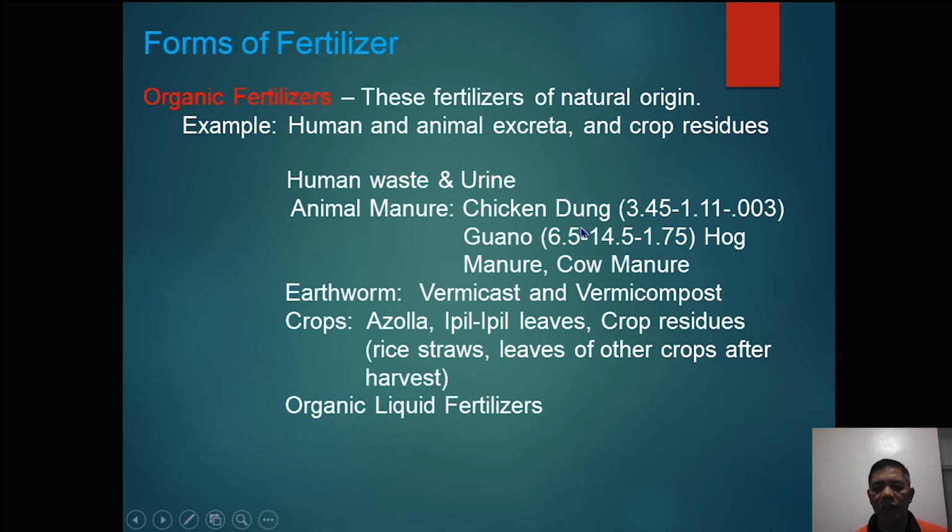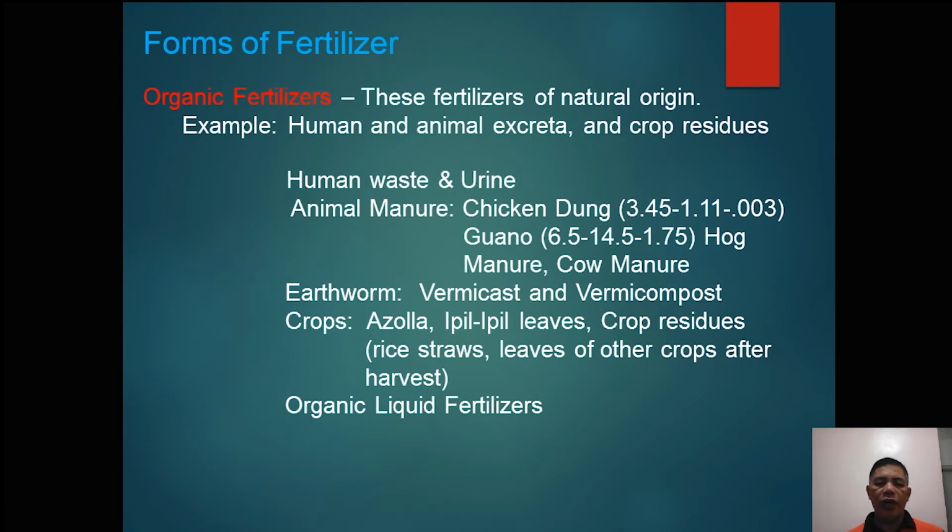An example is chicken dung. And insofar as the nutrient element analysis composition of the chicken dung is concerned, it has 3.45% nitrogen, 1.11% phosphorus, and 0.03% potassium.